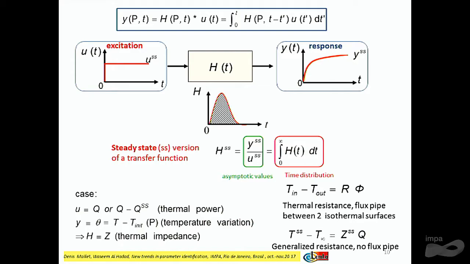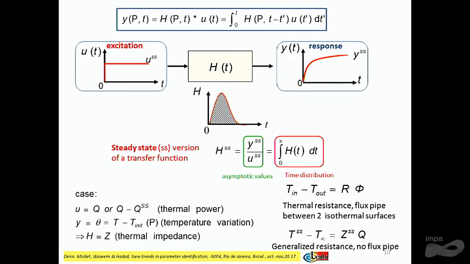For example, here we know that at steady state we'll get an asymptotic constant level. So it's very interesting because using the transient regime you can get properties about the steady state regime.